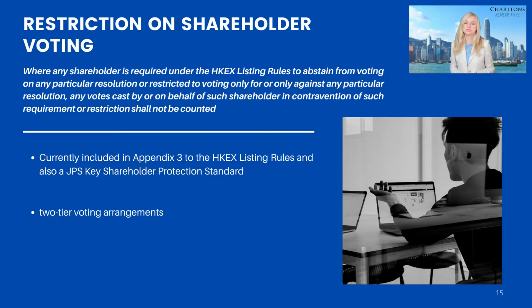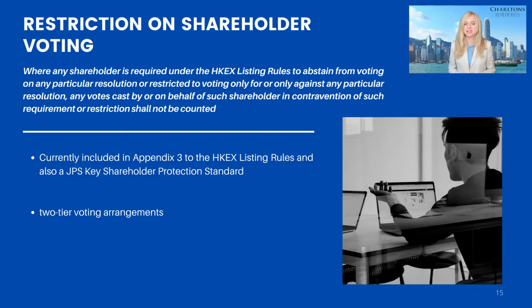This proposed core standard is currently included in Appendix 3 to the listing rules and is also a key shareholder protection standard under the Joint Policy Statement. The Companies Ordinance also contains a similar requirement. The Hong Kong Exchange considers this to be a fundamental shareholder protection and proposes to apply it to all companies listed on the Hong Kong Exchange.